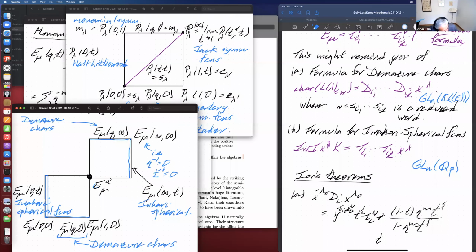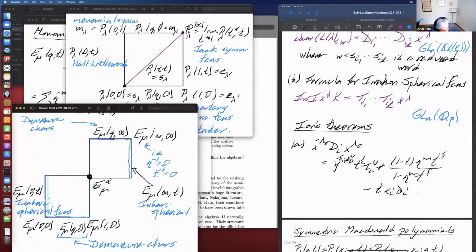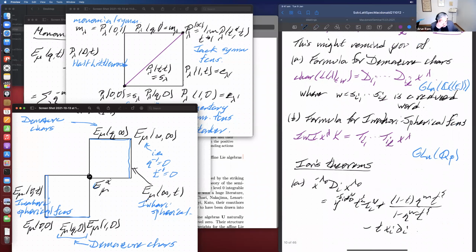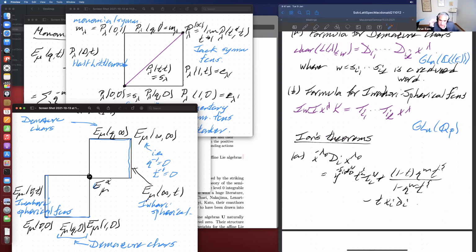Okay, so this is really a comparison formula. That's how I think about it: a comparison formula between the Demazure operator and the intertwiner. If you want to compare Demazure characters and E_mu's, you're going to have to compare the two operators. So you work it out, you write down the comparison formula, and it's a perfectly explicit comparison formula.